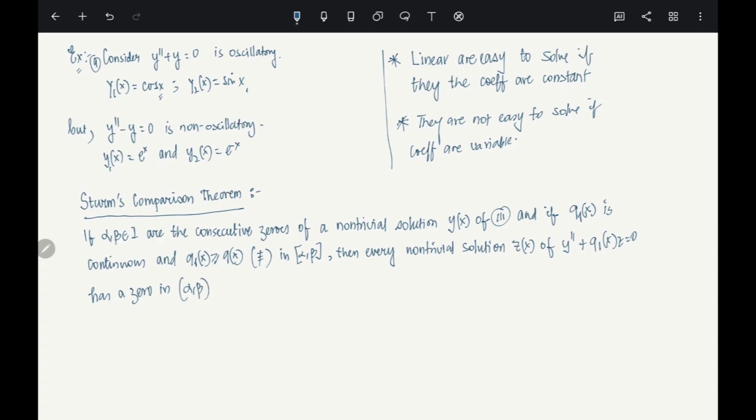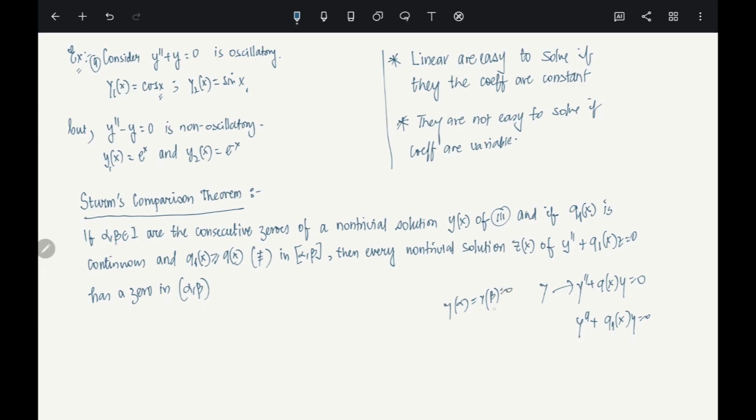So let us understand what it is saying. You have two equations: y double prime plus q(x) y equals 0, and another equation, y double prime plus q1 of x y equals 0. Let's say you have a solution here, call it y, such that y at alpha equals y at beta equals 0.